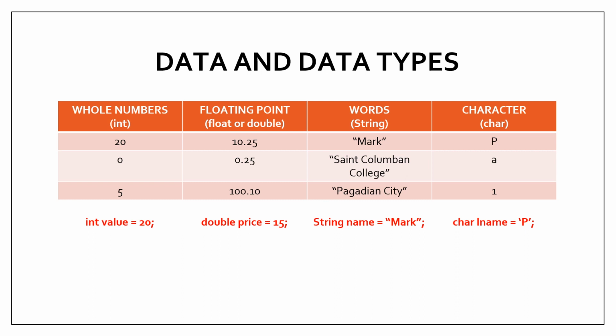And below it is an example of variable declaration. So when we declare a variable, we first label it with the data type, in this case int, and then the variable name. Now, variable names, or in other books they are called identifiers, are essentially the names that we give to that particular space in our random access memory.